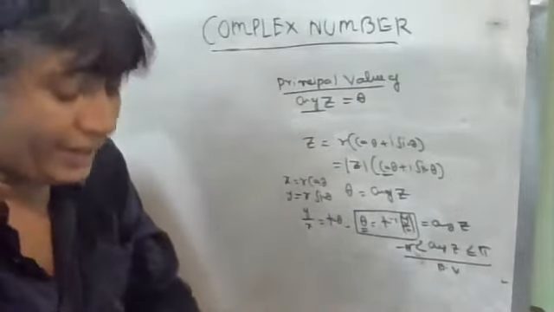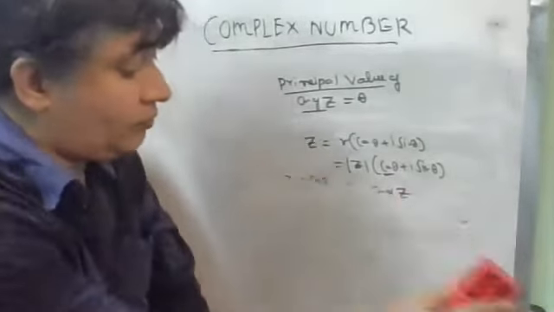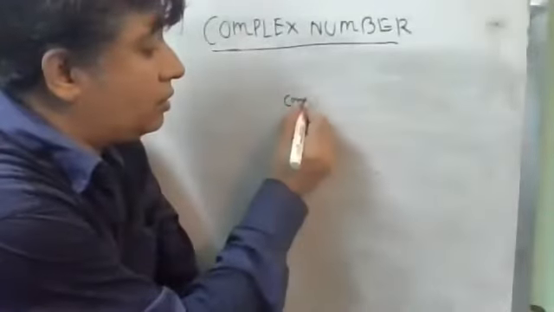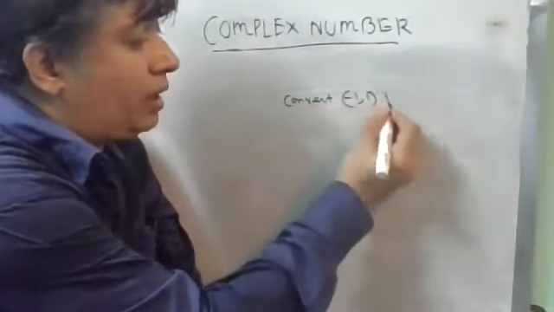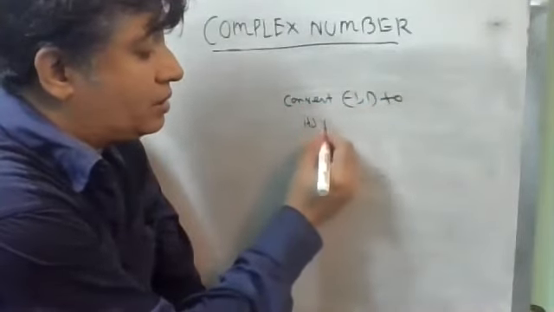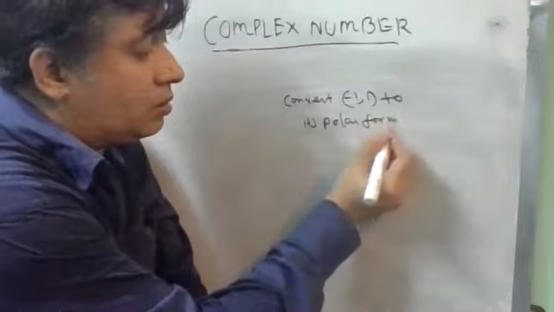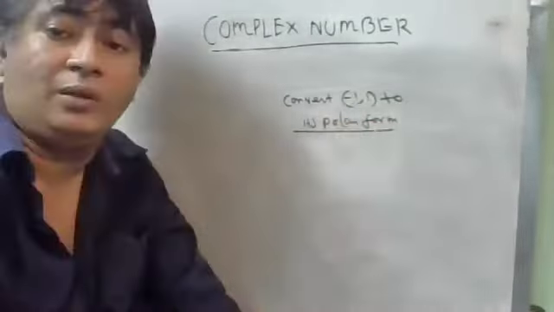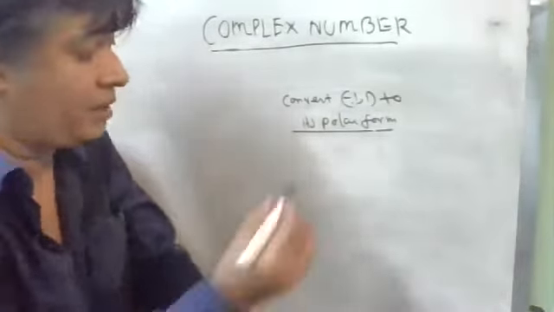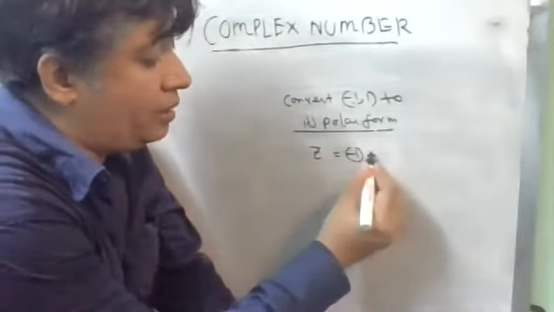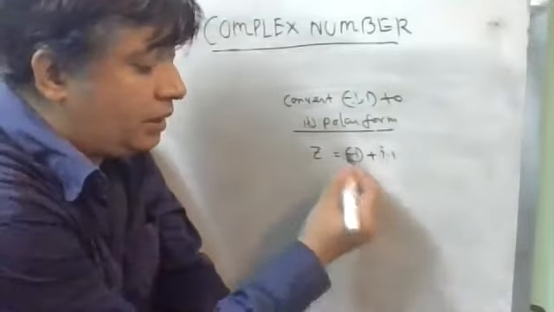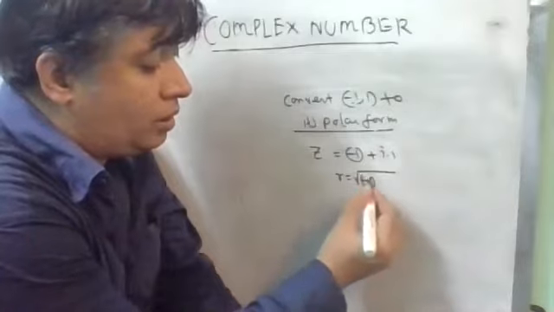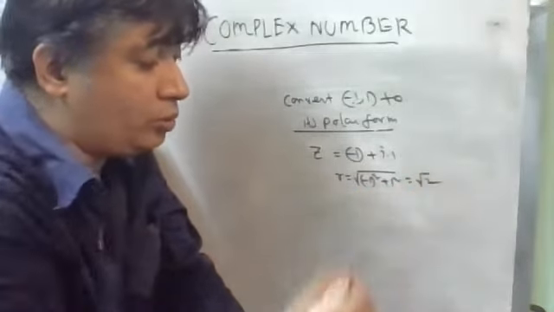Now one example. Suppose you have to convert minus 1 plus i to its polar form. First of all, this will be expressed in standard form, z is equal to minus 1 plus i into 1. Now you see here r is equal to root of minus 1 squared plus 1 squared, which is root 2.